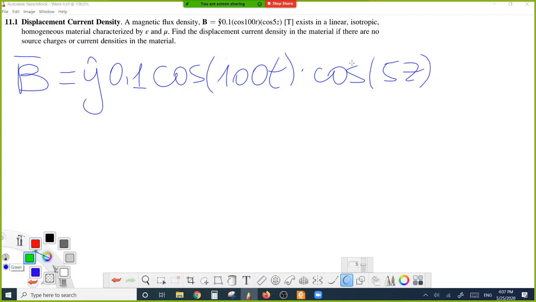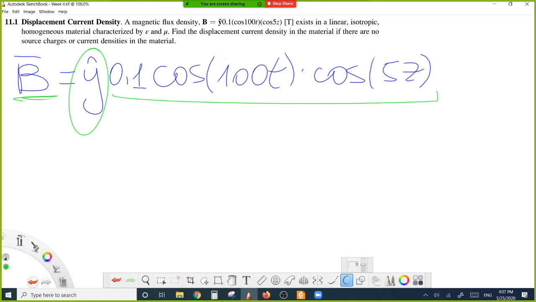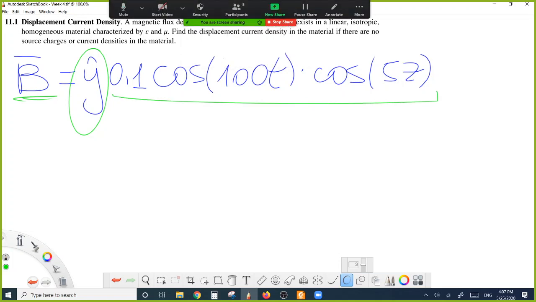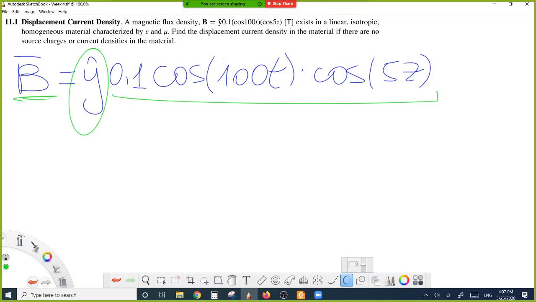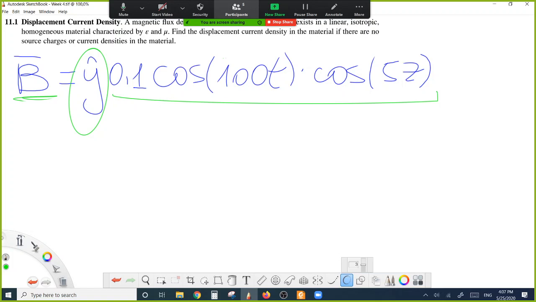If we look at the magnetic flux density B, we can easily say that it has only one component, along y, and its magnitude is equal to this expression: 0.1 cosine 100t multiplied by cosine 5z.